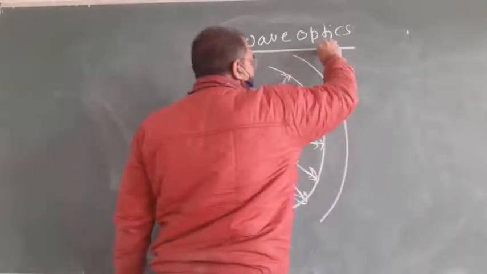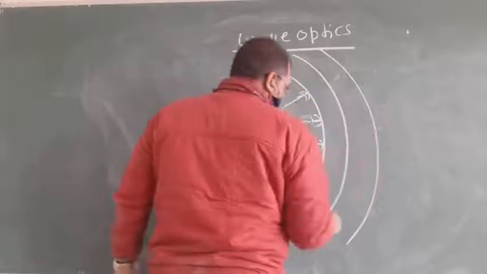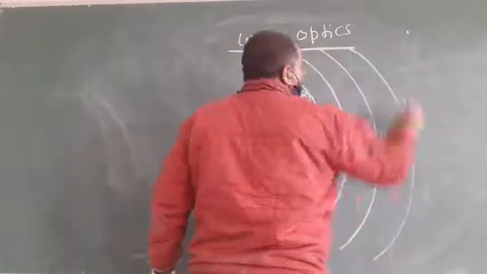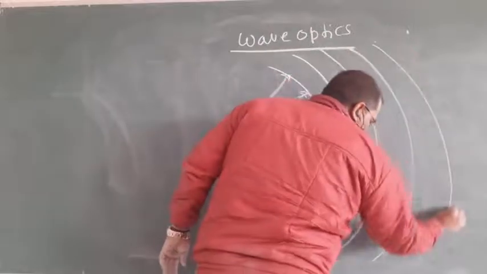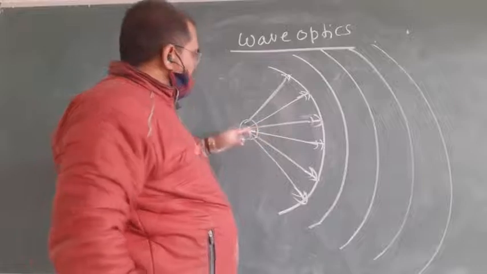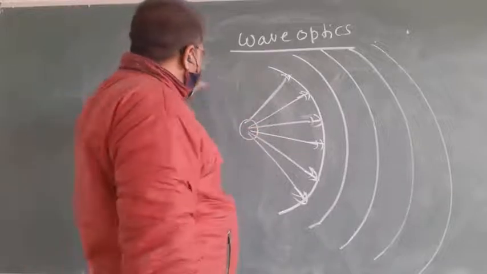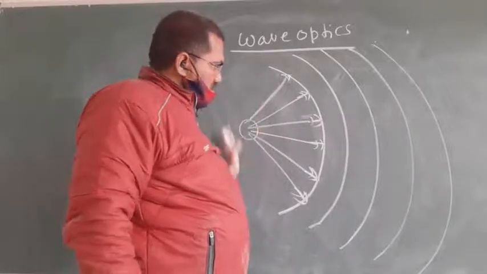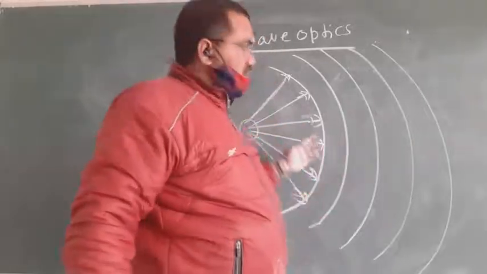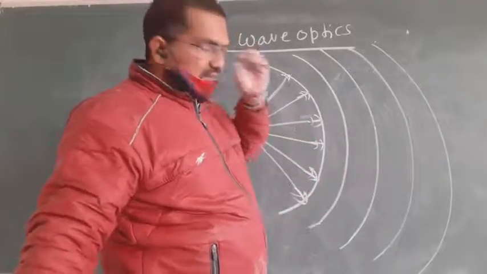We make the diagram only in forward direction, but you realize that this is the part of the sphere. But wave is moving in forward direction, so you can make the diagram only in forward direction.